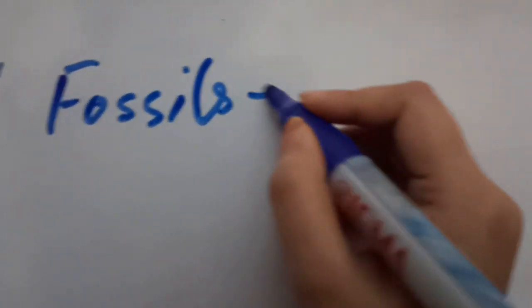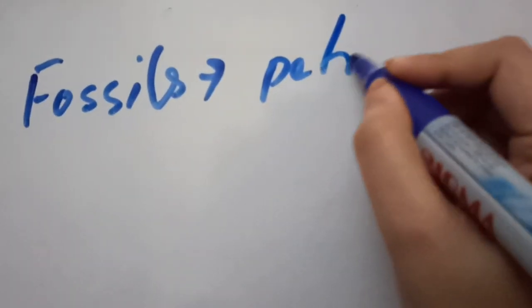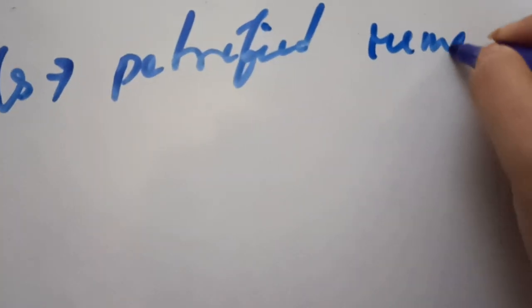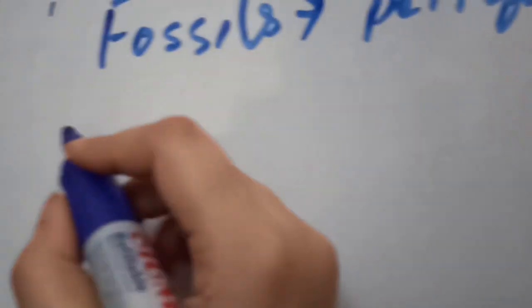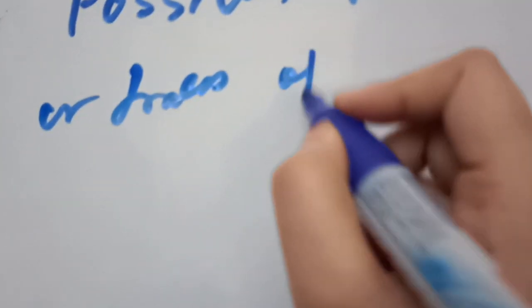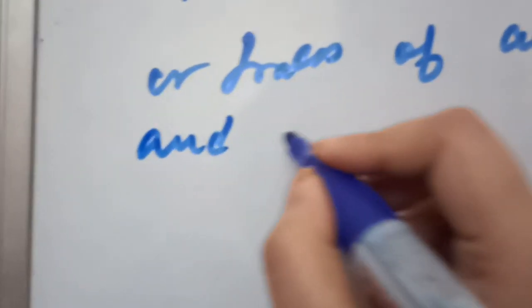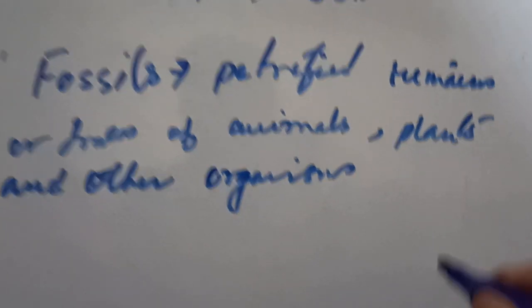Next is fossils. So what are fossils? Fossils are actually the petrified remains or traces of animals and plants and other organisms of the ancient time.